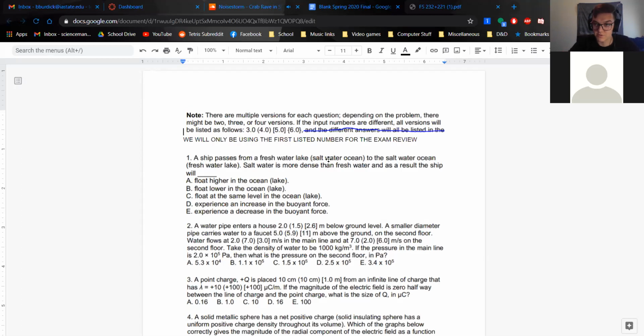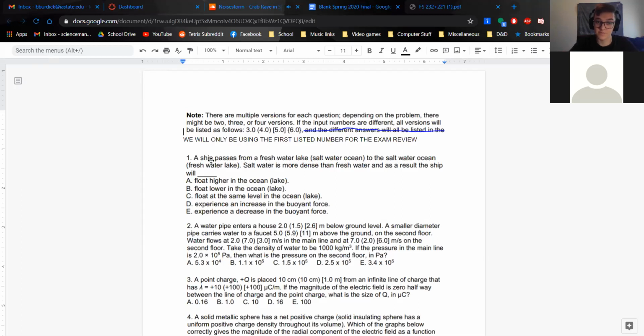So ignore whatever is in the parentheses. What we're going to do to make sure that we're all on the same page is use the first number. The first number is referring to the first version of the test. Anything you see in parentheses next to a certain quantity is going to be the alternate test version, and we're only going to deal with the first one.